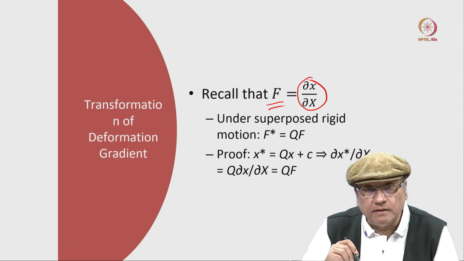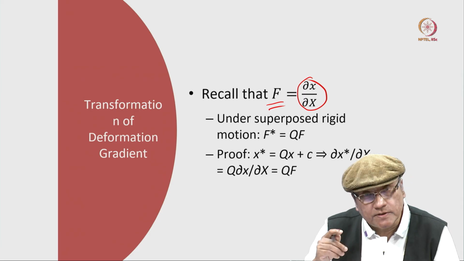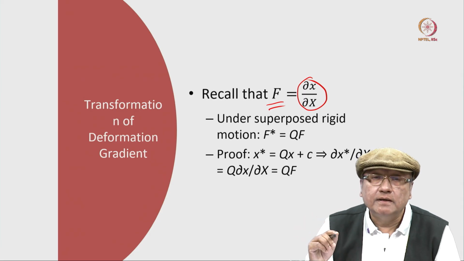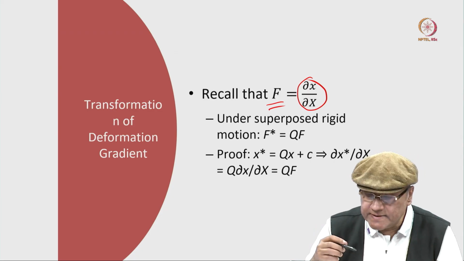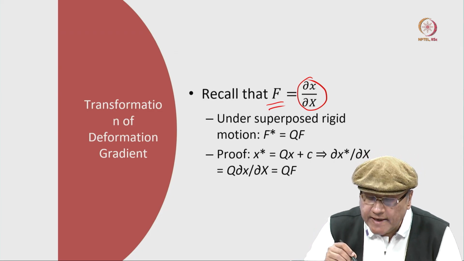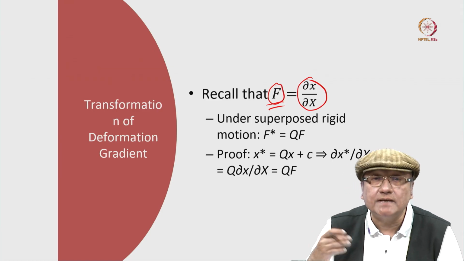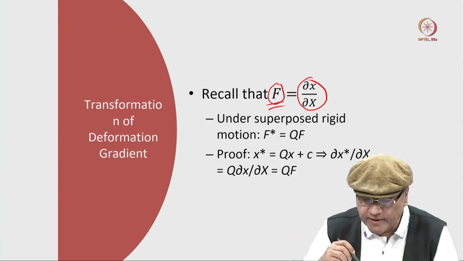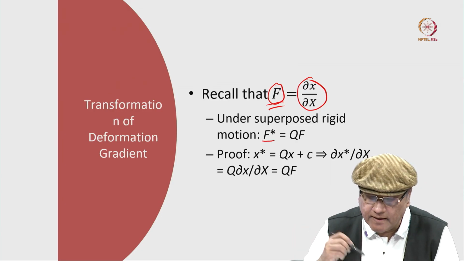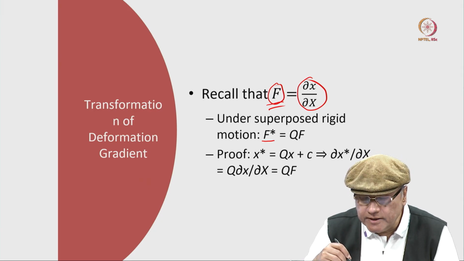Under this change of coordinates from small x to small x star, how will the deformation gradient look like? For example, if the deformation gradient was F under small x, then under small x star what would it be like, right? So if I call that modified deformation gradient F star, then we can easily show that F star is given by Q times F.